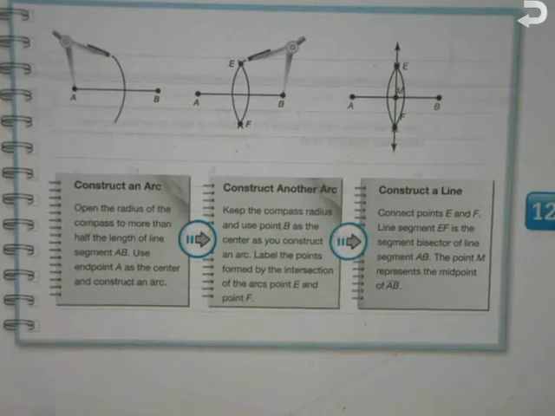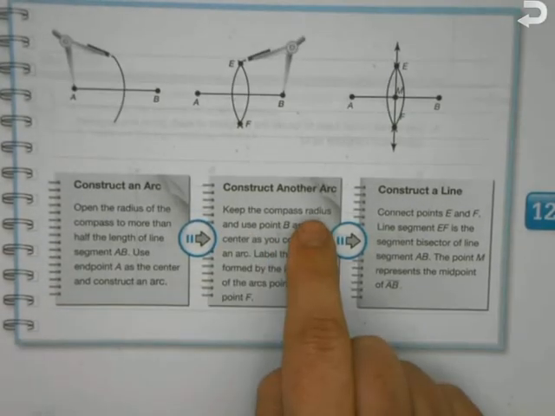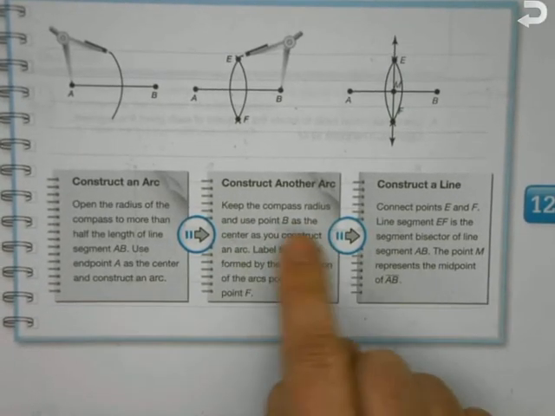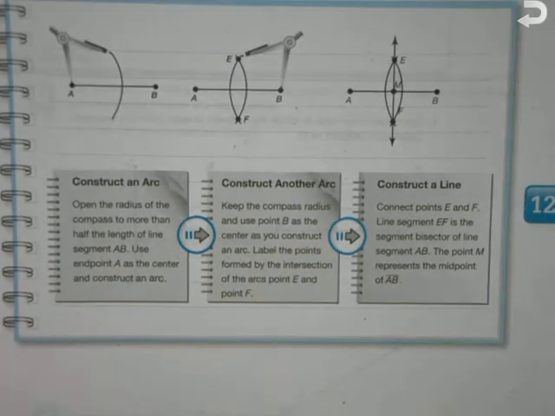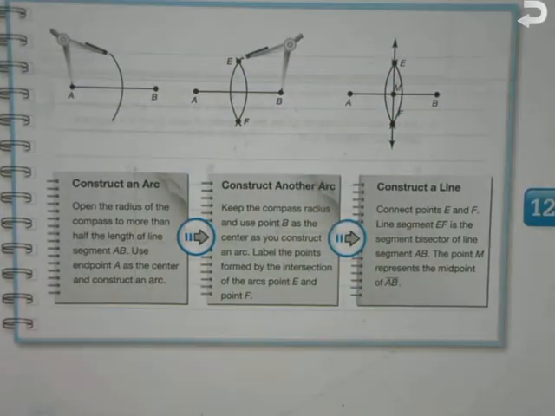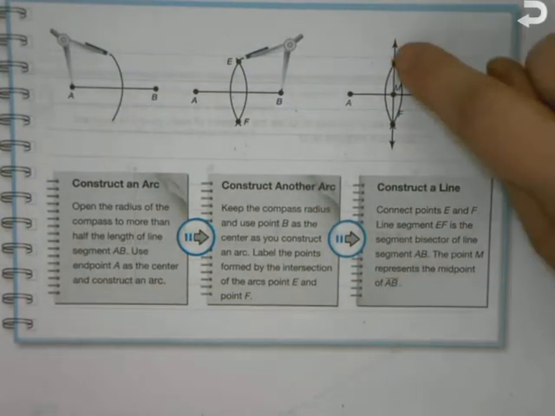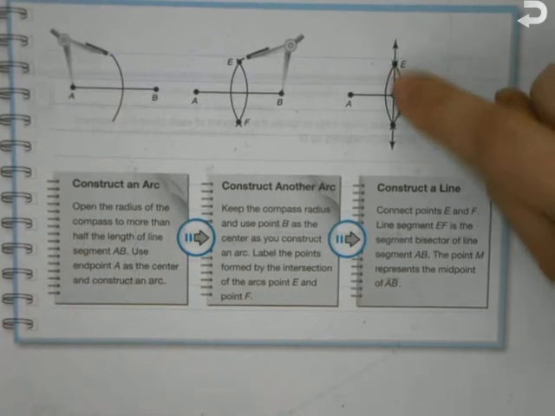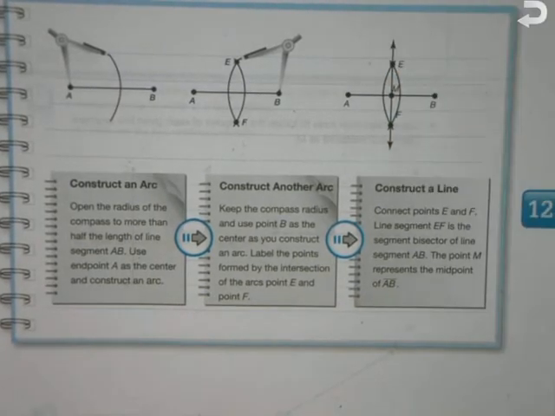Then we're going to construct another arc using the other endpoint, but you need to make sure that the radius of your arc is exactly the same. So without moving your compass, you're going to construct a second arc using the other endpoint, and they have a little picture for you. And then we're going to construct a line by connecting the two places where the arcs intersect, and that is your midpoint. Okay, so the line that goes through those two intersection points is your midpoint of your segment.